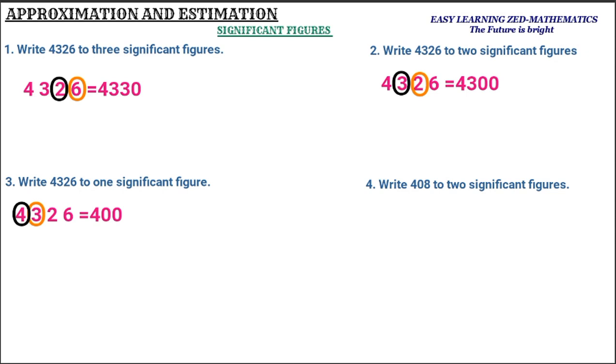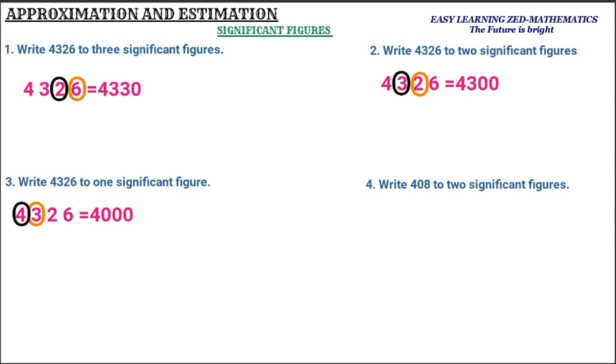Where there is 6, we'll also put 0. So rounding off 4,326 to one significant figure will give us 4,000. Okay, so now we have successfully rounded off 4,326 to one significant figure.